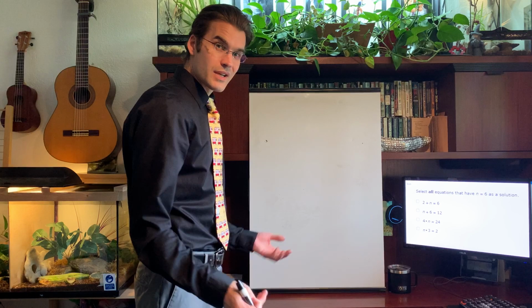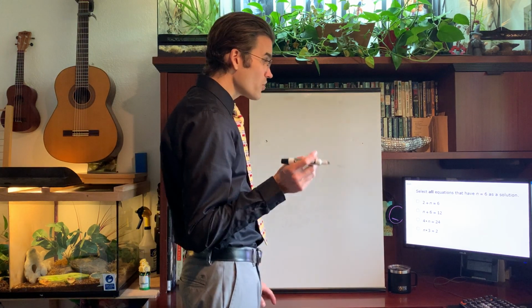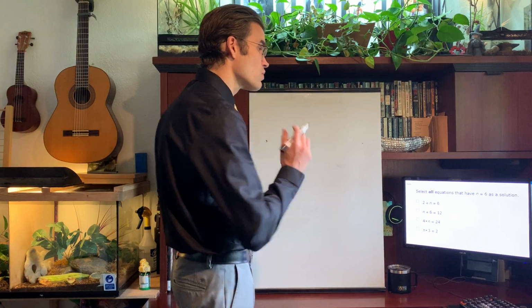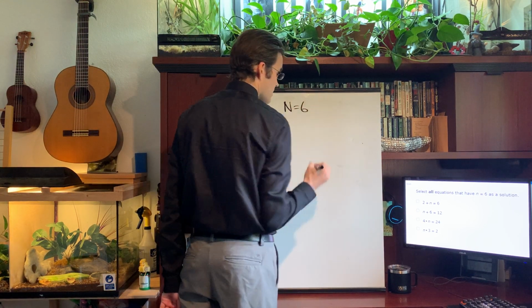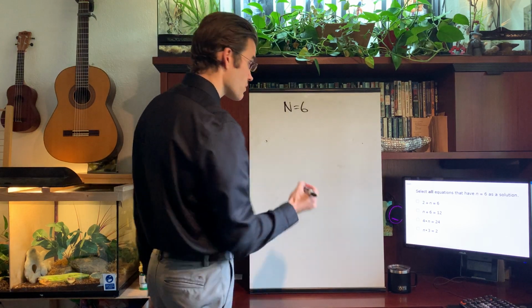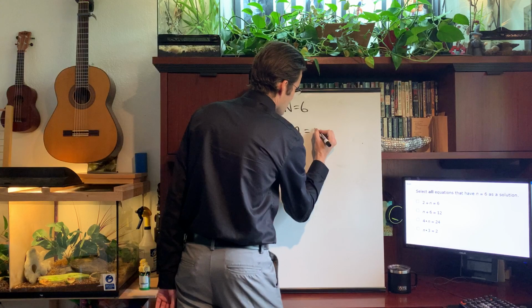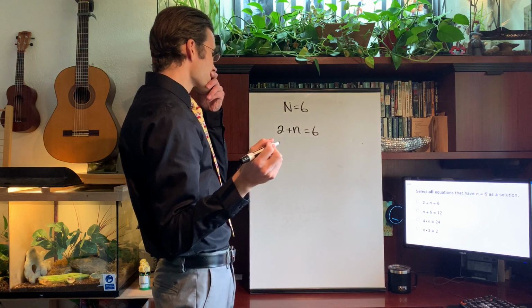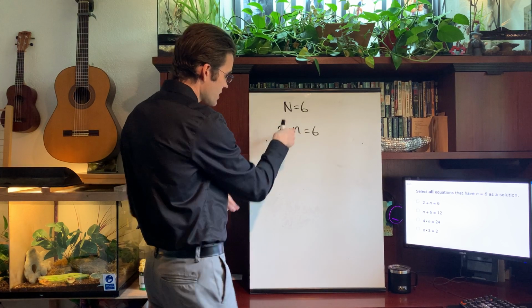Ooh, look, more variables. Huh. Okay, select all the equations that have n equals 6 as a solution. N equals 6 as a solution. Okay, let's look at the first one. 2 plus n equals 6. Well, if n equals 6, let's put n in here.